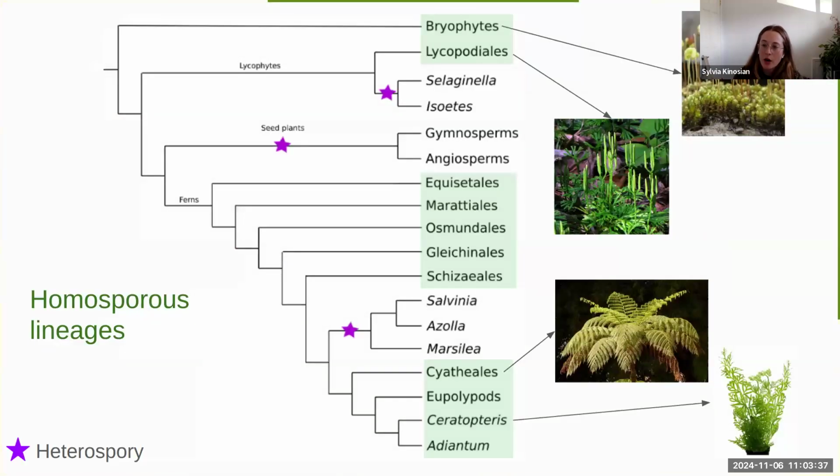In comparison, we have the homosporous lineages, and these plants are actually the ancestral condition of all plants. So we have the bryophytes, which are the earliest diverging land plants, but algae and such are also homosporous. And then we also have the Lycopodiales within the lycophytes. And then most ferns are also homosporous, lineages from the Equisetales, or the horsetails, all the way up to the tree ferns, the Cyatheales, and then also the model fern Ceratopteris.